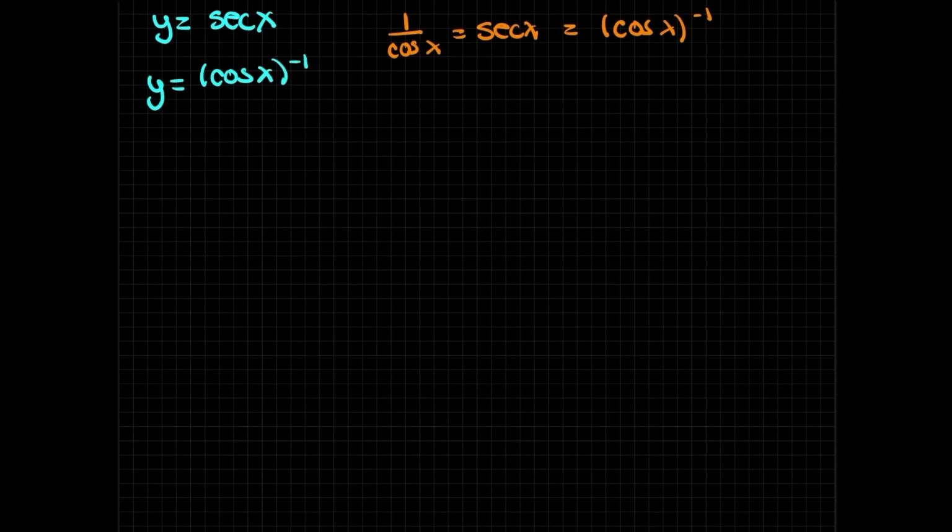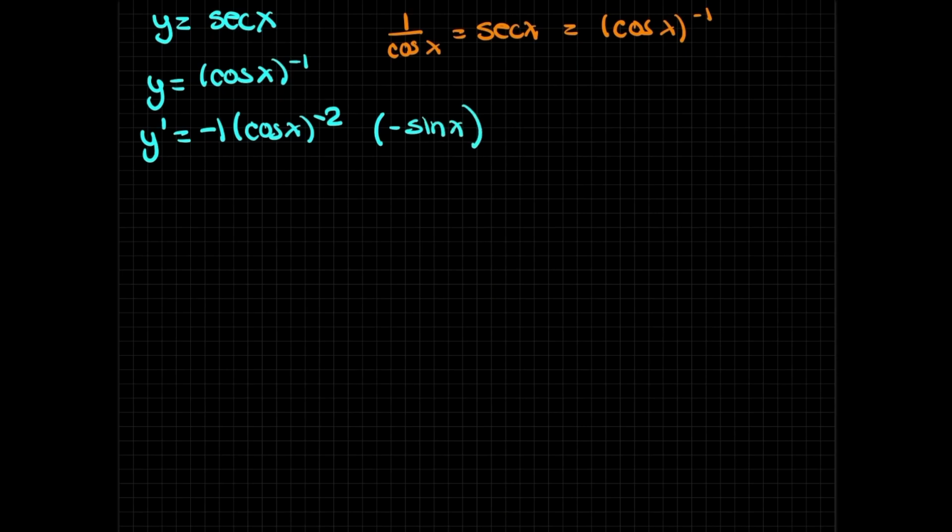Now we're simply going to use our chain rule. We're going to take the derivative of the outside times the derivative of the inside. So we end up bringing the negative 1 down, negative 1 times what's on the inside. I'm going to reduce my power by 1, so that becomes to the power of negative 2, times the derivative of the inside. The derivative of cos x is negative sine x.